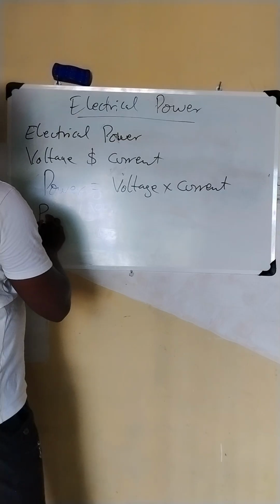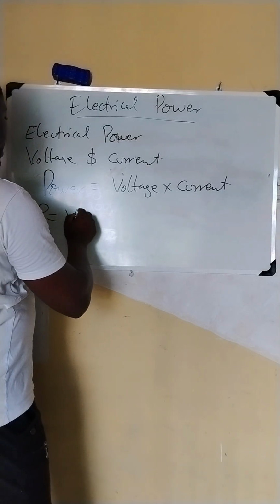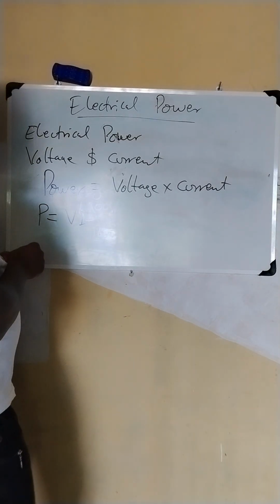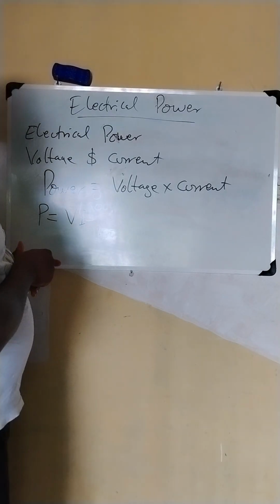That means P is equal to VI. P is equal to VI.